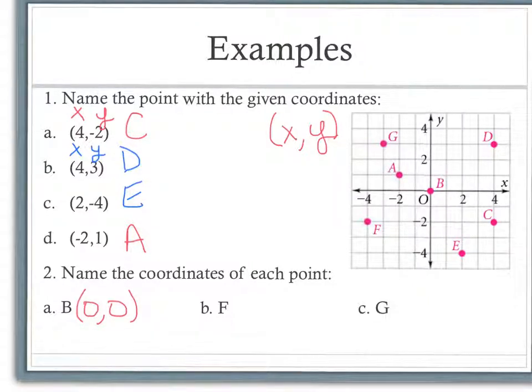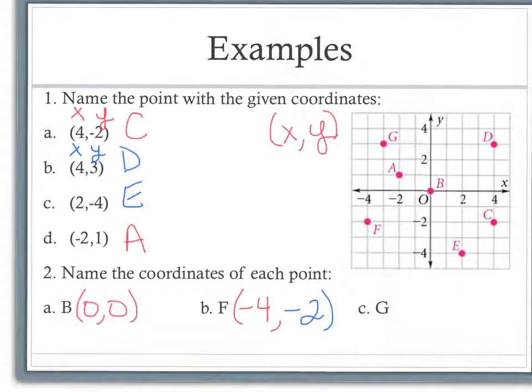Now point F, to get to F, we'll start at the origin, and I notice I have to go left 1, 2, 3, 4. So that tells me my x value is -4. And then I have to go down 1, 2, so my y coordinate is -2. So F has the coordinate (-4, -2).